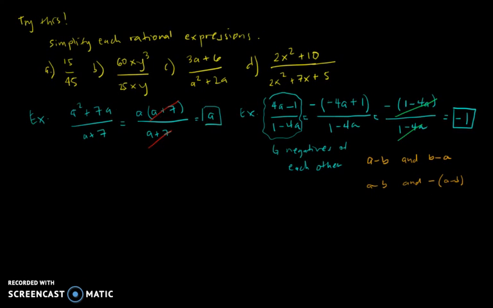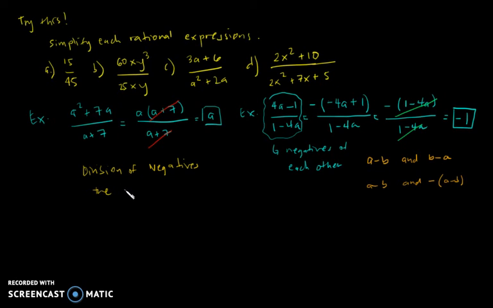So for the division of negatives, the quotient of any non-zero expression and its negative is negative 1. Let me just write it.